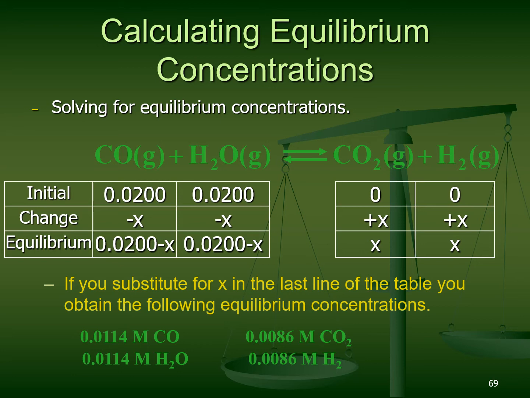If you plug those numbers in, you get 0.57, which is really close to our original K value of 0.58. You're usually not going to get the exact number because of rounding errors and things like that, but if you come pretty close to it, then you know that you solved this problem correctly.